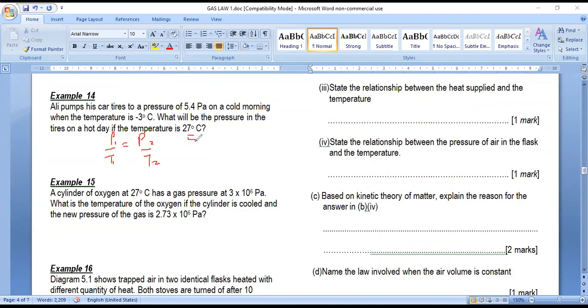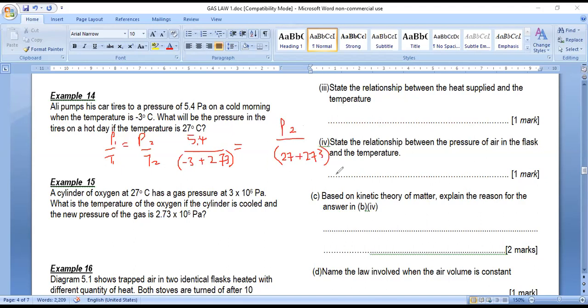Your P1 is 5.4, and your initial temperature is -3 plus 273. Always remember the temperature must be in Kelvin. Your P2 is unknown, and your new temperature is 27, again converted to Kelvin, so plus 273.